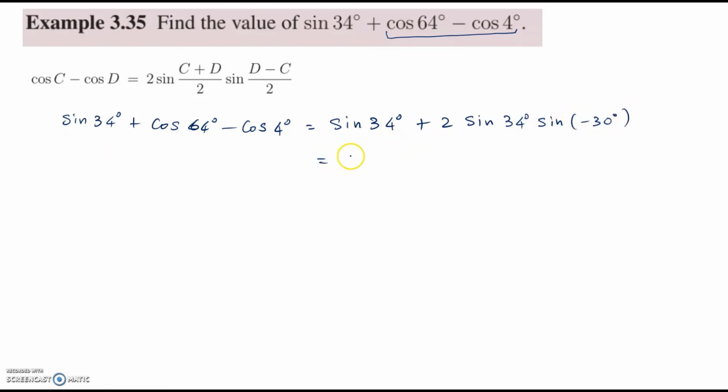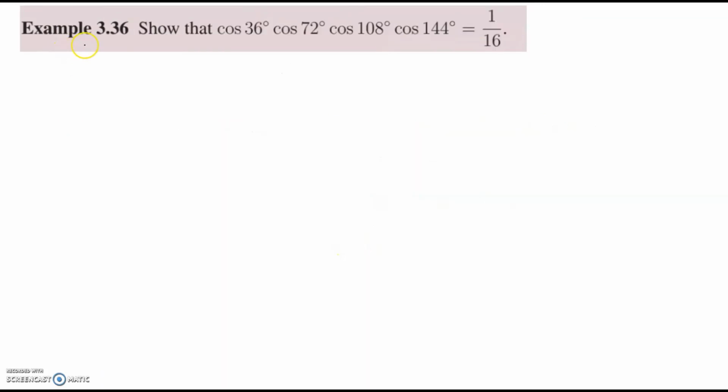So we can rewrite this as sine 34 degrees, sine minus 30 will become minus sine 30, so there will be a minus here, 2 times sine 34 degrees, and sine 30 degrees is 1 by 2. So 2 and 2 cancel, and this becomes sine 34 degrees minus sine 34 degrees, which is equal to 0.